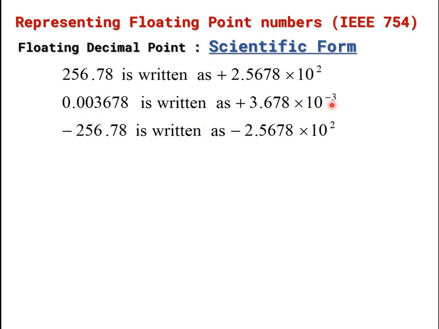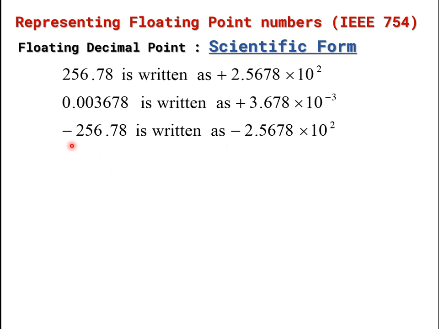So that's why we make it 3. But in this case, we have to make it negative because we move this point to the right. But when we move it to the left, we increment positively. So we increment the power if we move the point to the left. If we move the point to the right, then we decrement the weight or the power of our base, which is 10 in this case.